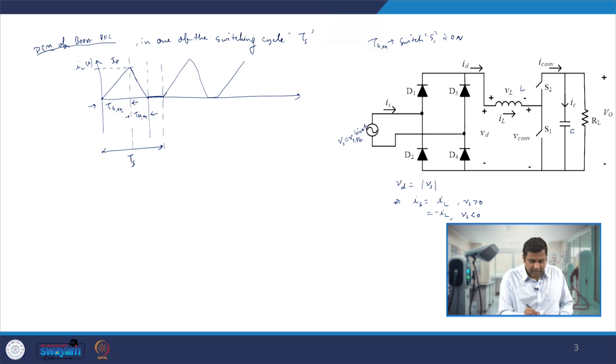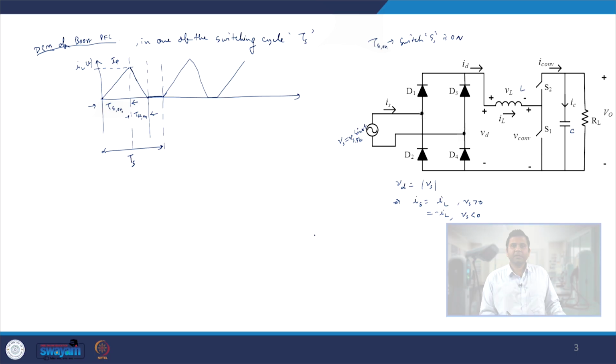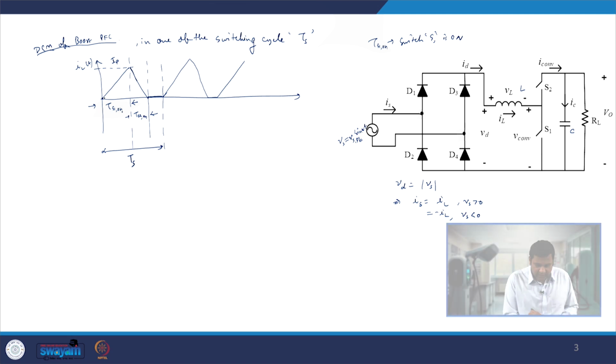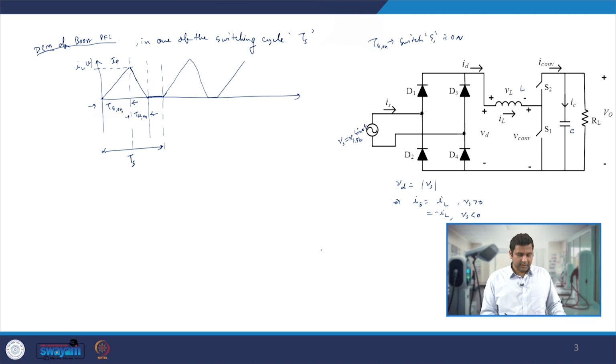So now let us see, in that particular Ts duration, what the voltages applied are and how the voltages and currents depend on each other. If we look very carefully, when the current goes from 0 to Ip, we can write VL is nothing but L di by dt.